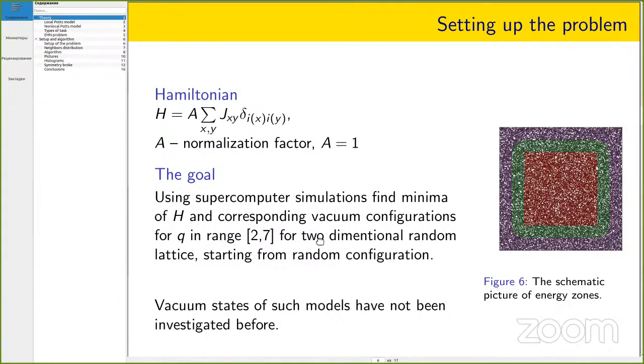And the goal is, using simulations, to find minima of energies and corresponding vacuum configurations for a two-dimensional random lattice starting from random configurations. It's worth mentioning that vacuum states of such models have not been investigated before. And the first thing which we should consider is to choose an appropriate boundary condition. At first, we used a very natural periodic boundary condition, but then we realized that it's not appropriate here.